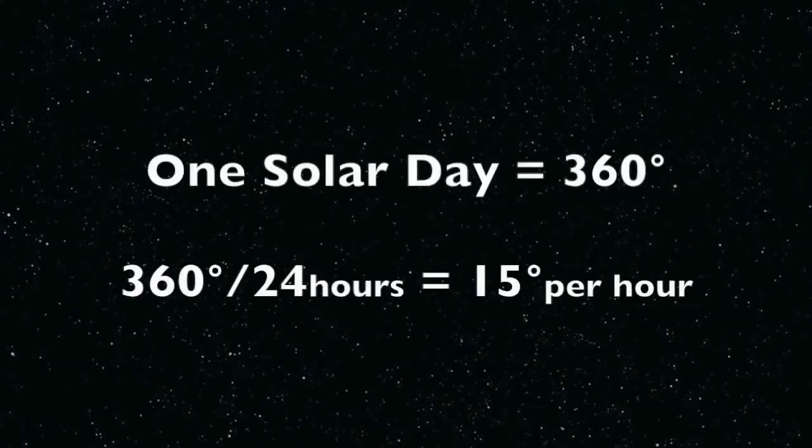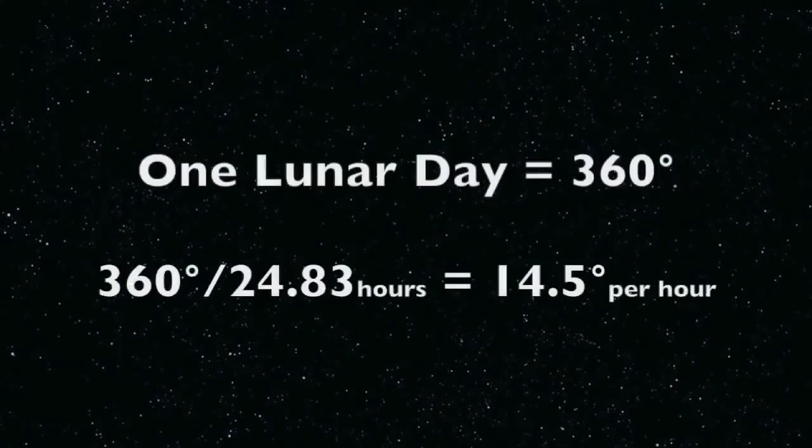So if one solar day is 360 degrees, and we could round up to make this a little bit easier. If there are 24 hours in a day, that means the sun moves 15 degrees per hour in the sky. One lunar day, which is one 360-degree circle of the moon above the flat Earth, divided by 24.83 hours, or 24 hours and 50 minutes, that's roughly 14.5 degrees per hour.